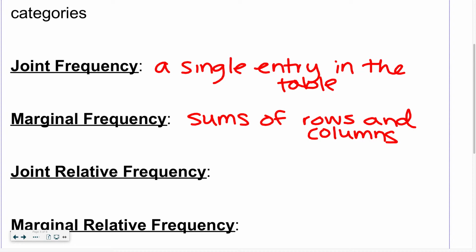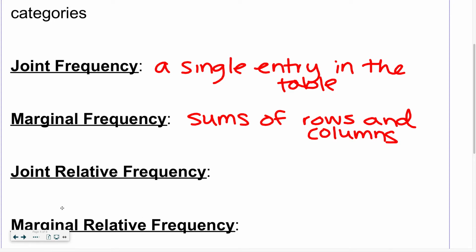So in that warm-up example, we had the column of 25 to 34-year-olds, and then we had all the different education levels. When we just add up all the different education levels, we don't have joint frequencies anymore. We have a marginal frequency. It's the frequency of how many people in that survey were 25 to 34 years old, whatever that was. So that's the sums of rows and columns.